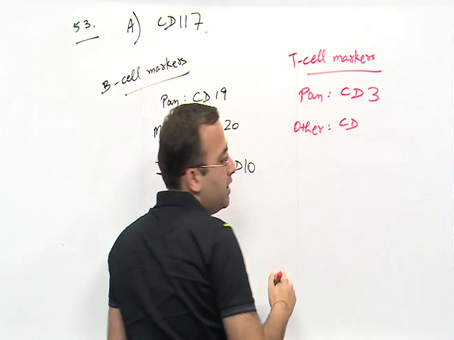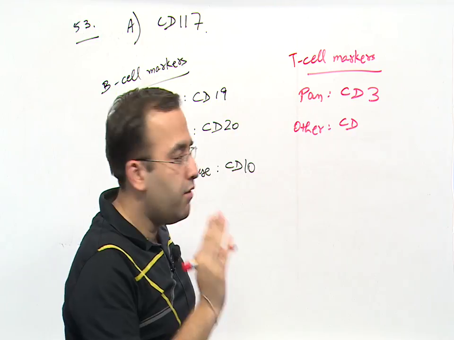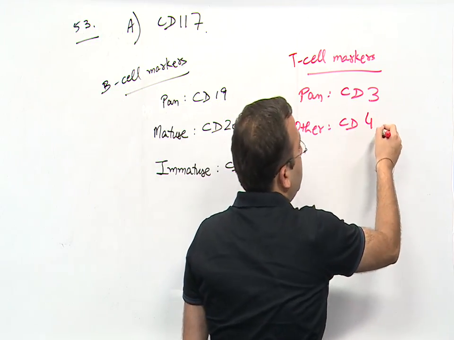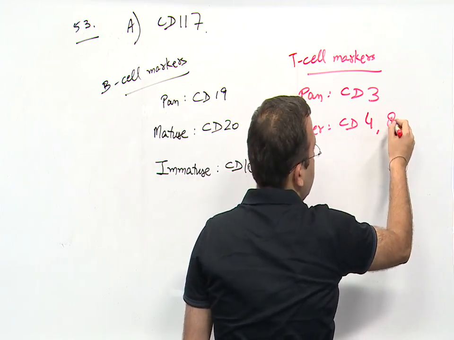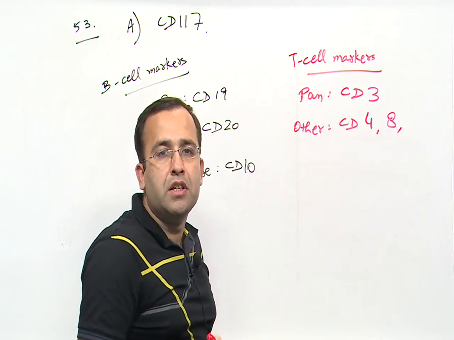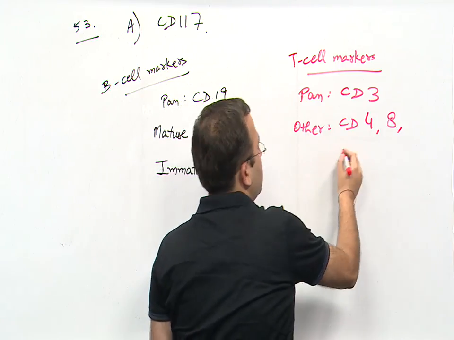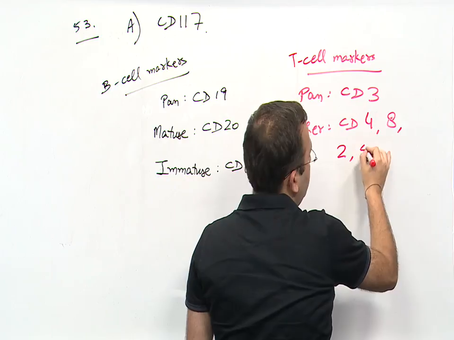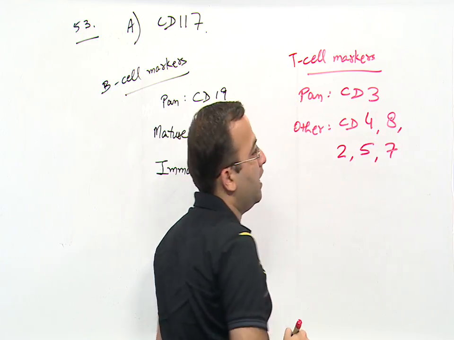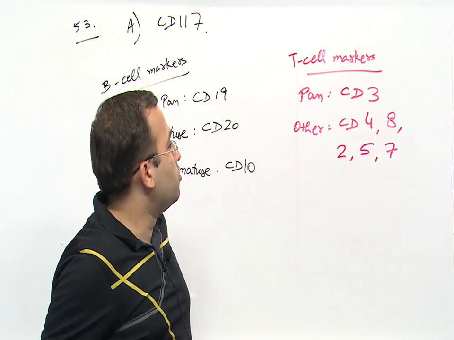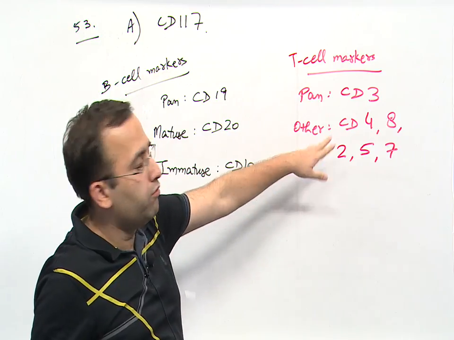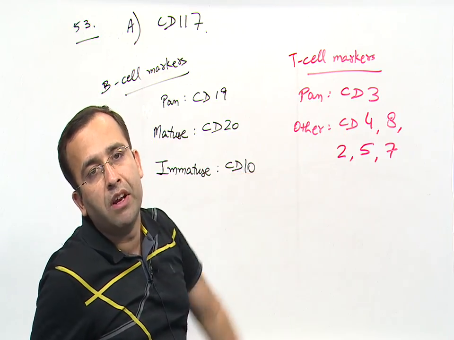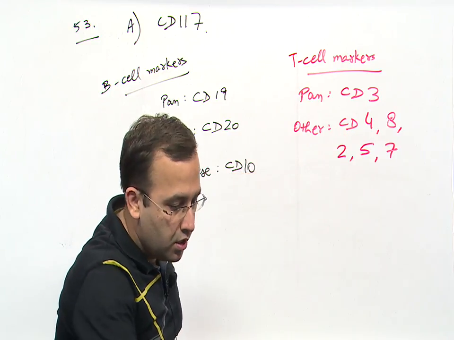You very well know T cells are of two main types: CD4 positive, which are the helper T cells, and CD8 positive, which are the cytotoxic T cells. Others are CD2, CD5 and CD7. So all the single digit markers, 4, 8, 2, 5, 7, are T cell markers.